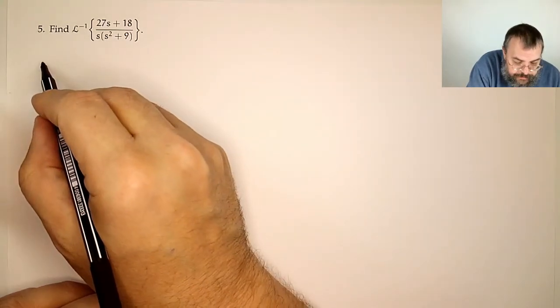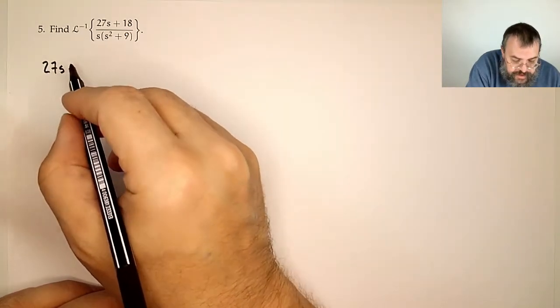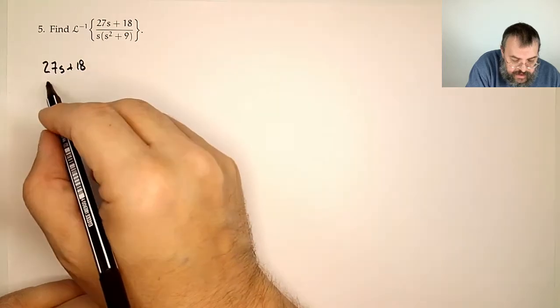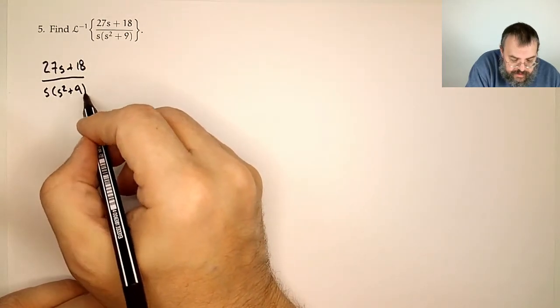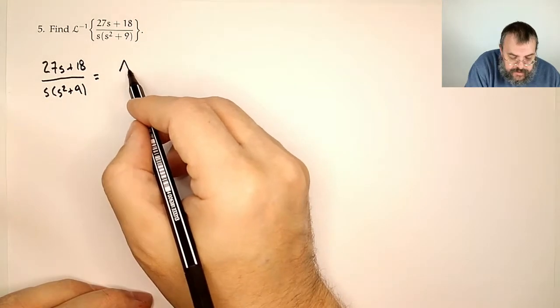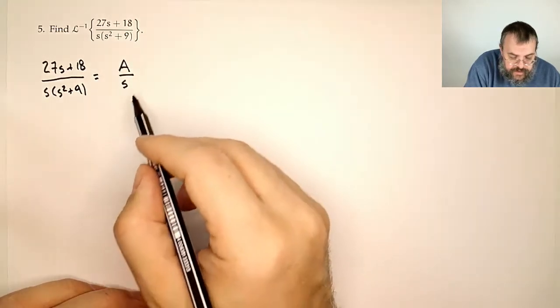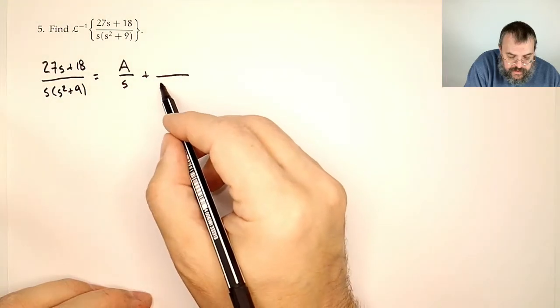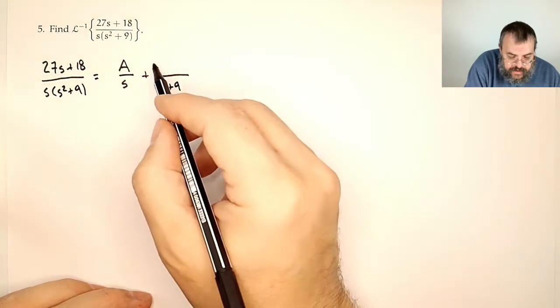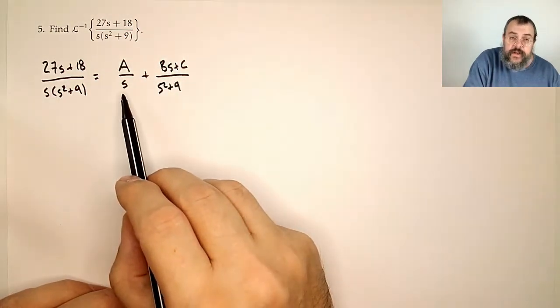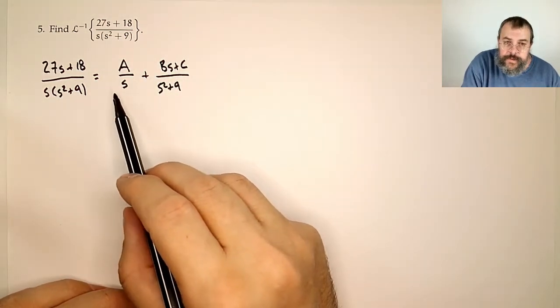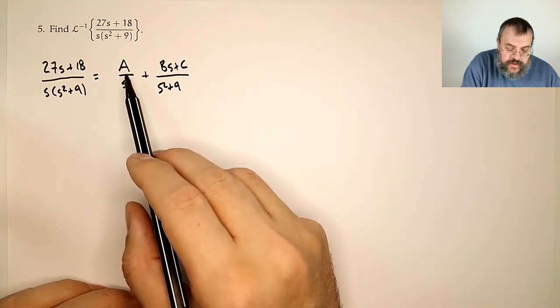Okay, so what's the idea? We have 27s plus 18 divided by s times s squared plus 9. So we're going to break this up into two pieces: something over s and something over s squared plus 9. Remember, if it's just a linear factor, the numerator is just a constant.